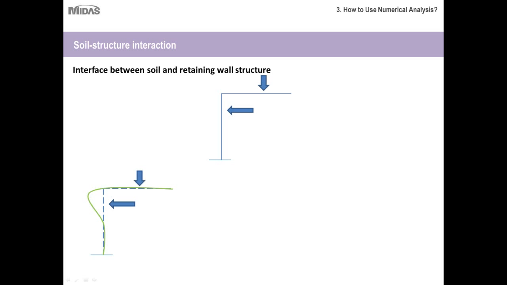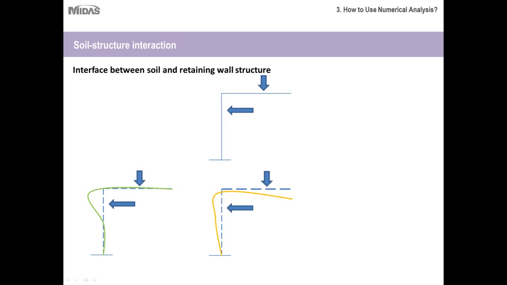So this is how it will look like if you don't consider the soil structure interaction or interface members. This is one possibility. Now let's say if the surcharge is very high, then the other possibility would be something like this. Again, the nodes are the wall members and the soil members are connected to the same nodes, so therefore you are seeing that they are being mobilized together.